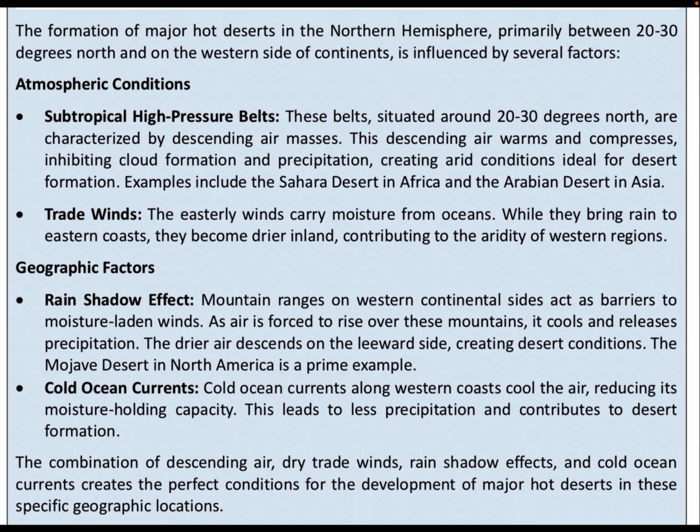Because of the presence of a mountain range, the rain-bearing winds come from the eastern side, and due to the mountain, it will create orographic rain on the eastern side. But the western side of that mountain will be subject to the rain shadow effect, and it will form the Mojave Desert.